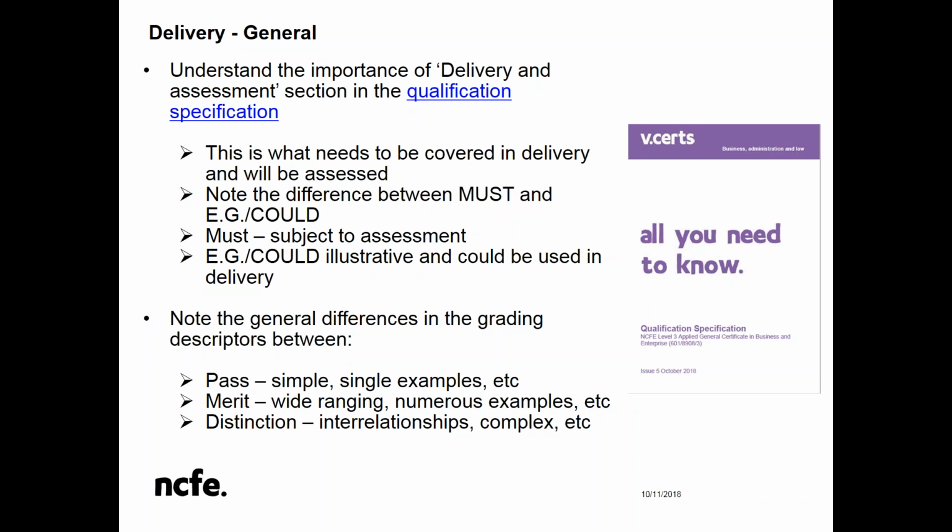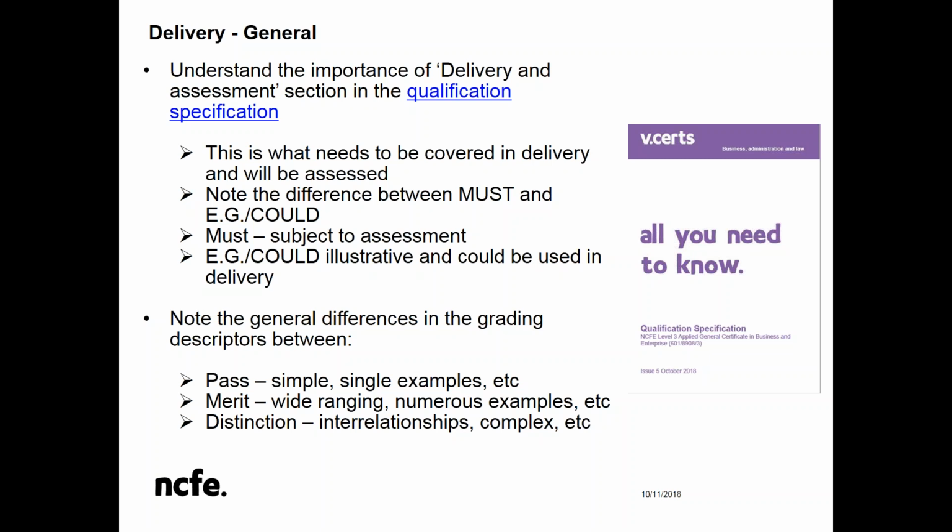I'm just going to say a few words generally about the differences in the grading descriptors. Each unit has separate and individual grading descriptors, but there are a few themes generally running through the whole of the qualification, which are worth noting. So generally, when we're looking at a pass grade, it tends to be simple, single examples that are given.